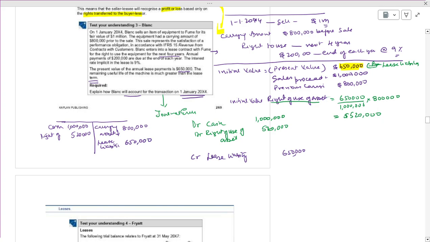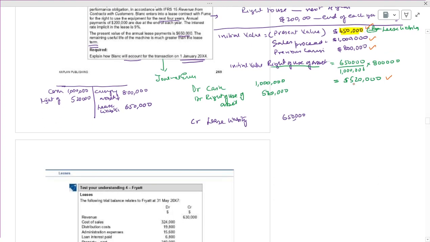So we have taken 650, we have taken 1 million, we have taken 800, and we have taken 520 for the right of use asset.